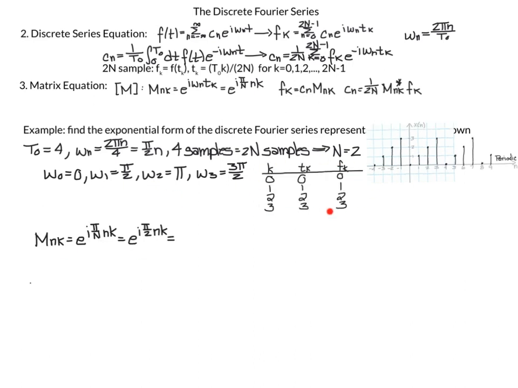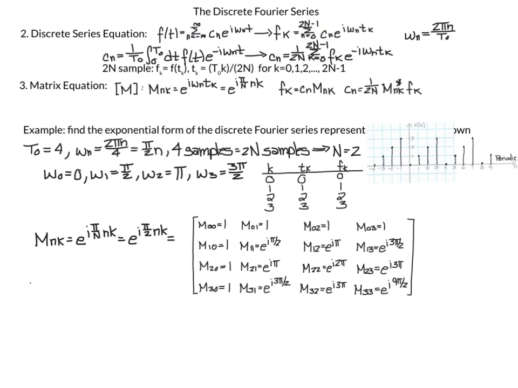I moved our table over here. We probably will use it for reference. And then I moved my formula for my matrix, and I'm always going to use this last formula. So m of n k is equal to e to the I pi, in this case, our capital N is equal to 2, times our lowercase n and then k.